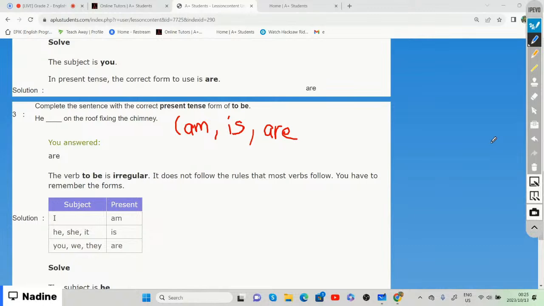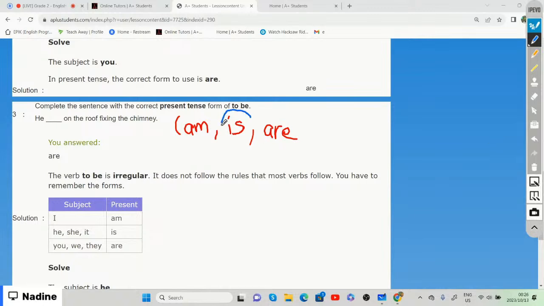So if our subject is he, right? And then the present tense form of to be, do we say he am on the roof fixing the chimney? He is on the roof fixing the chimney, or he are on the roof fixing the chimney. And we can then basically say he is.